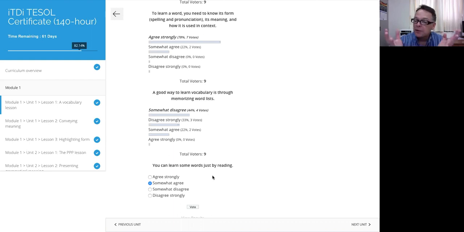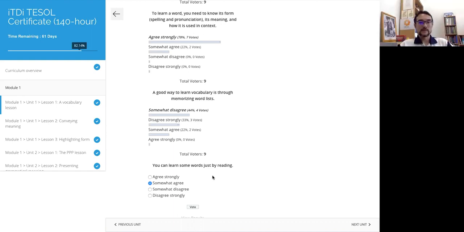There have been three or four words in the past couple of weeks that have happened like that. I can't pull one up right now because they haven't been completely activated. I now understand them passively, but I don't have them on the tip of my tongue to be able to use them, which is interesting to me. That makes sense for saying somewhat agree, because there's always that need to do something else beyond just reading for a lot of people.